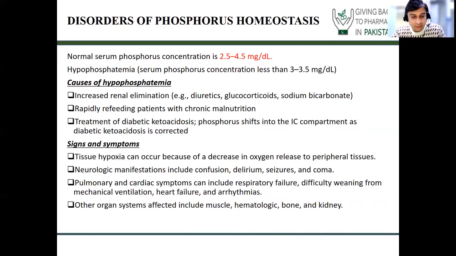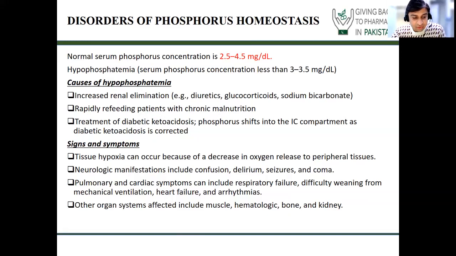In patients who have a very low phosphorus, how do they present? The patients may have tissue hypoxia because of the decrease in oxygen release to peripheral tissues, because when you look at the oxygen dissociation curve, you need phosphorus at the very last step.